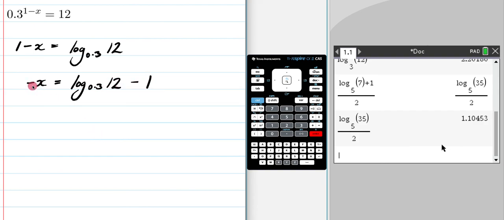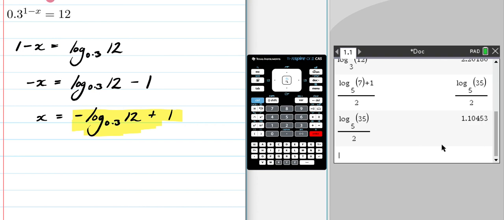Now I want to get rid of this negative, so I'm going to divide both sides by negative 1, which is going to give me x is equal to negative log of 0.3, 12 plus 1. That is going to be your exact solution. So we plus 1, then we subtracted 1, then we divided by negative 1 to get that.